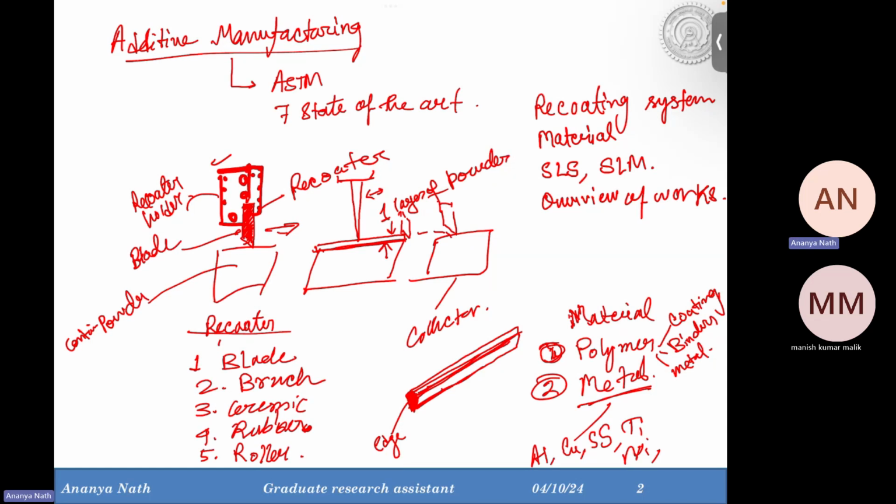And the third one is whether it is SLS or SLM. Now always remember, SLS and SLM are commercially available terms. These terms were coined by commercial companies, so these are not the actual names of the process. You can call it direct laser metal sintering, or selective laser sintering.